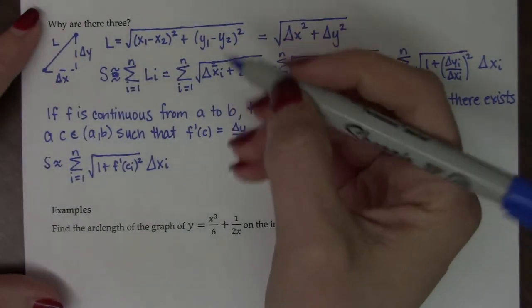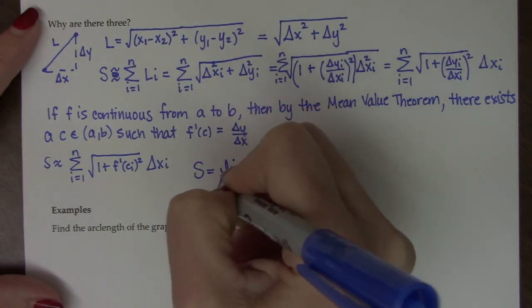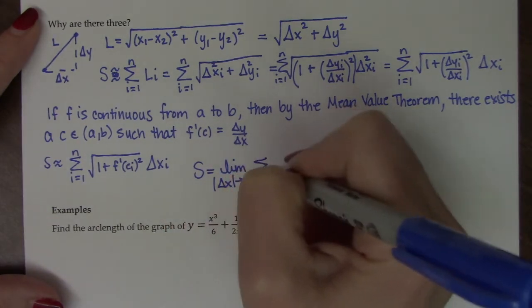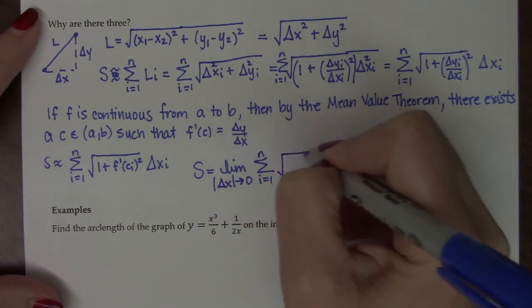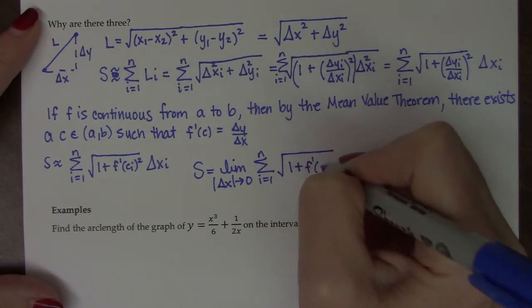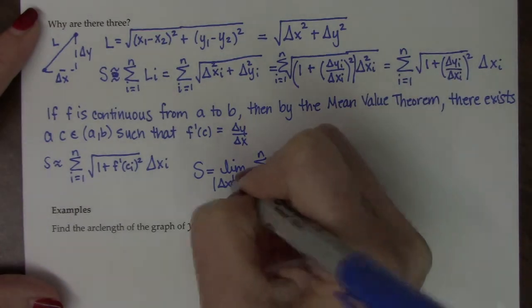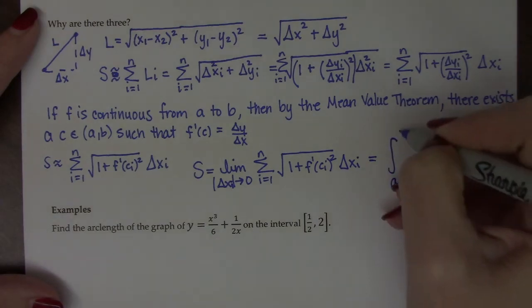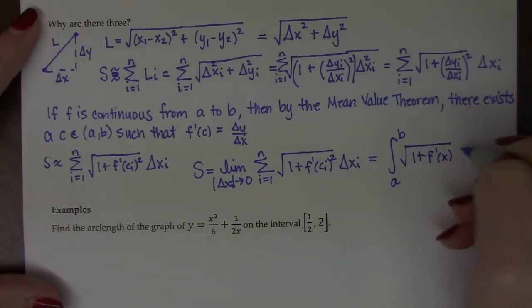So if we take the limit as the absolute value of delta x goes to 0 of our sum, then we're going to get the integral from A to B of the square root of 1 plus f prime of x squared, under the radical, dx.